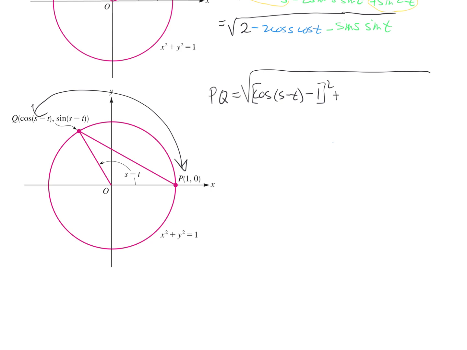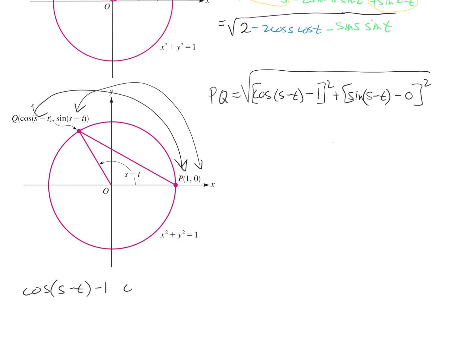Then plus the difference in the y coordinates, which are these two. That is sine of s minus t minus 0, and you have to square that. Okay, so let's actually square them. I'm going to do it down here because I'll probably end up simplifying things a little bit. So cosine of s minus t minus 1, squared.